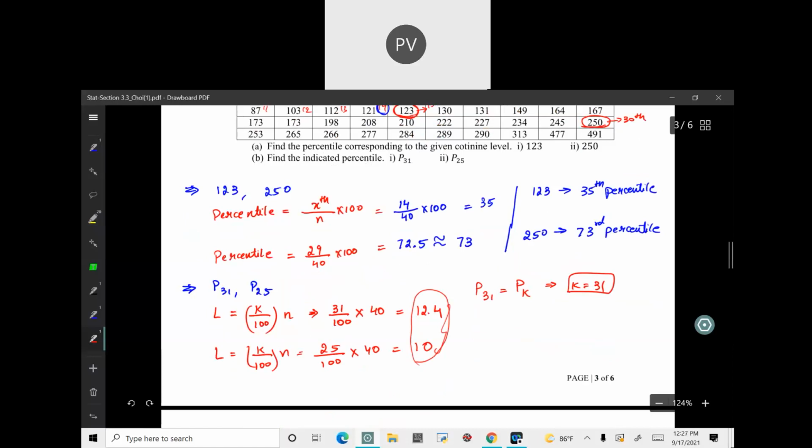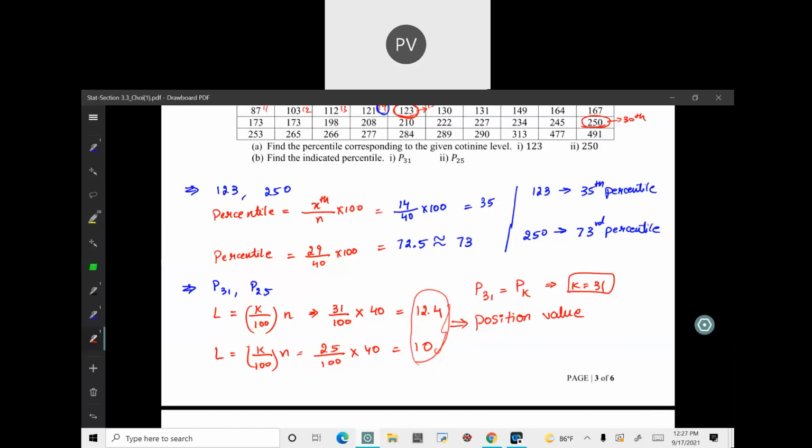Why? Because these are the position values of a data value. So it tells you in which position you will find that value. It will not give you the exact value of the data set. It will tell you in which position you can find the data value.